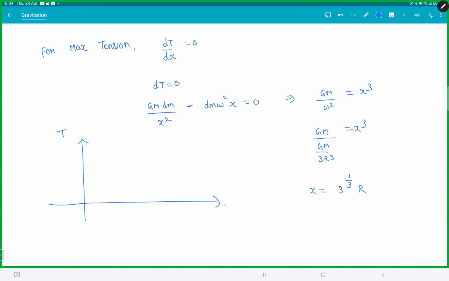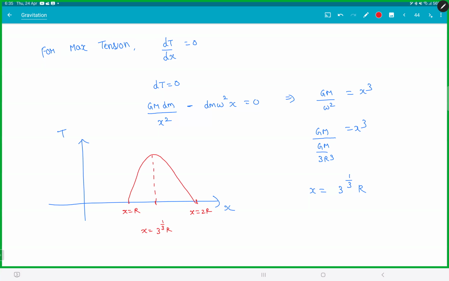So if you try to plot the graph, tension versus x, the graph starts at x is equal to R, which is 0. The graph will stop at x is equal to 2R. So the maximum will occur somewhere here, x is equal to 3 to the power of 1 by 3 R. So this guy will go up and then go down, something like this.